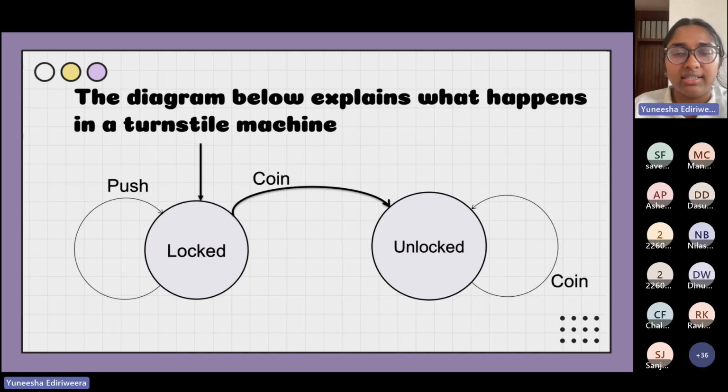Putting an extra coin doesn't make any sense. But if you push through the turnstile gate in the unlock state, the machine understands the person who just swiped the card is trying to exit. Therefore, I have to lock the gate because I'm expecting a new person. So in the unlock state, when you push through the arms, the state will change from unlock to lock.